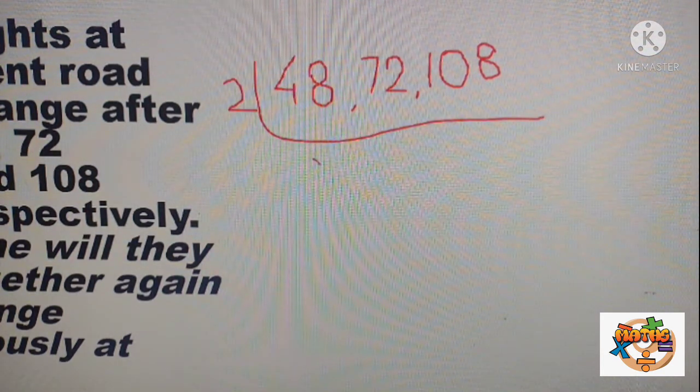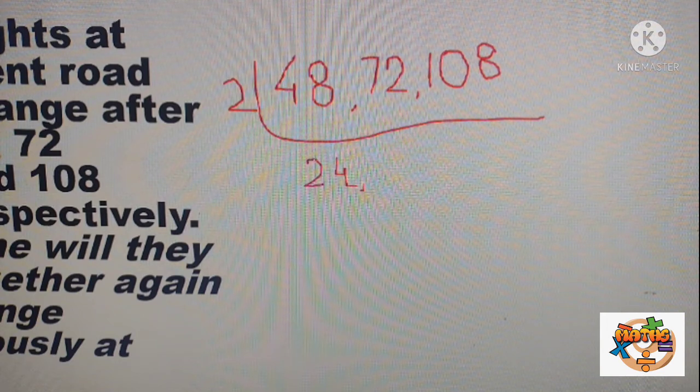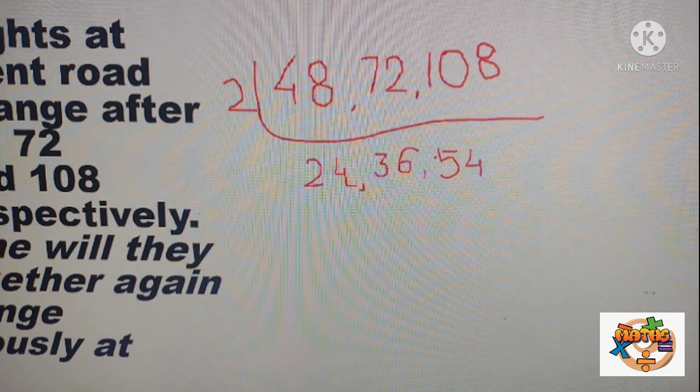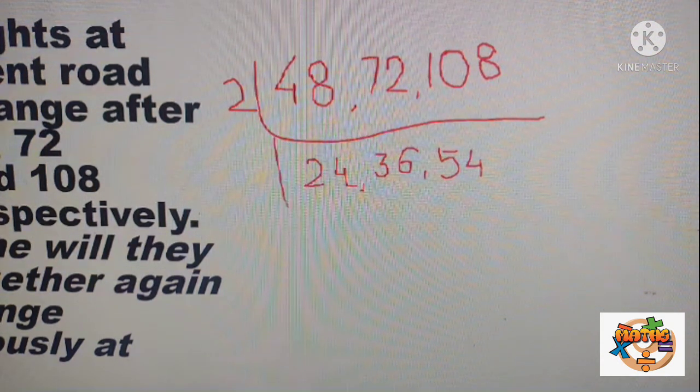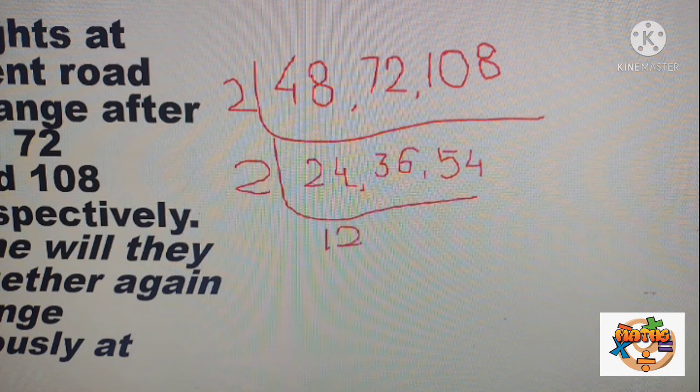Here 24, here 36, and here 54. Again all are divisible by 2. Here 12, here 18 and here 27.